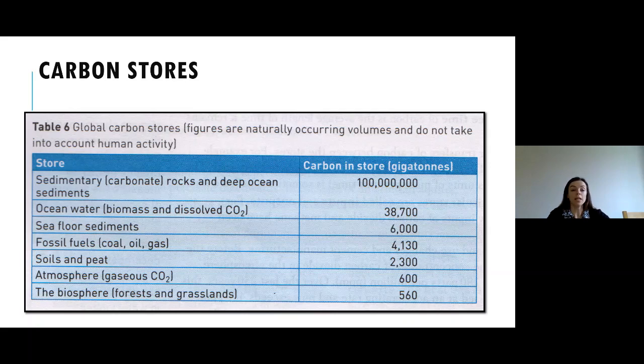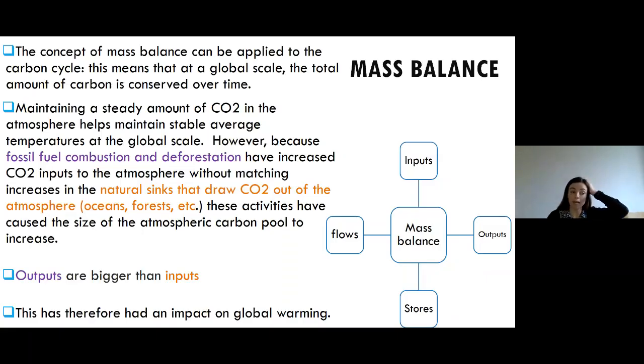Okay. The concept of mass balance can be applied to the carbon cycle. This means at a global scale, the total amount of carbon is conserved over time. So maintaining a steady amount of CO2 in the atmosphere helps maintain stable average temperatures at a global scale.